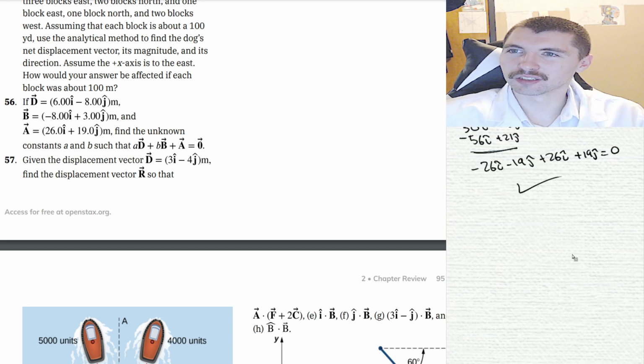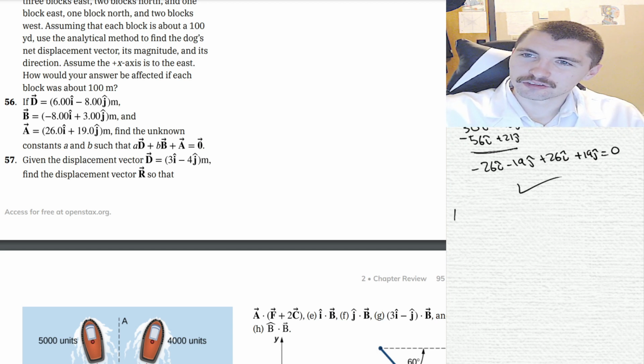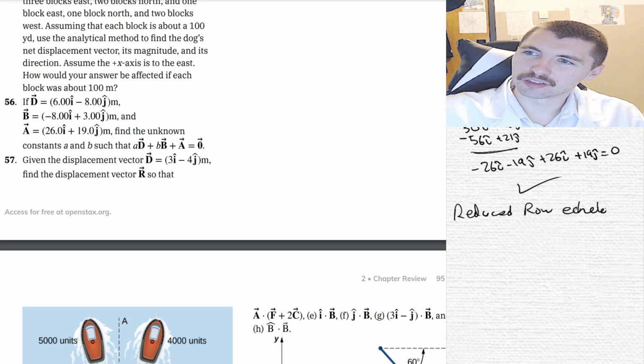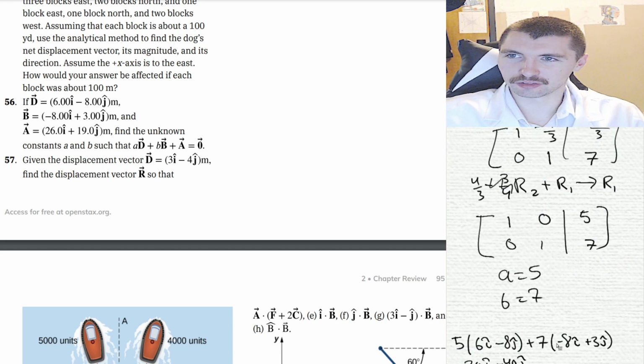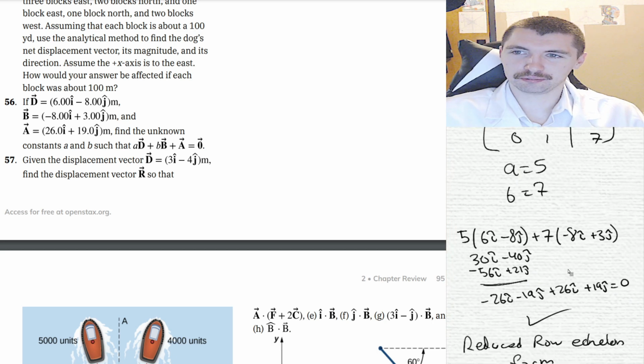That's called reduced row echelon form, when you do these row operations.